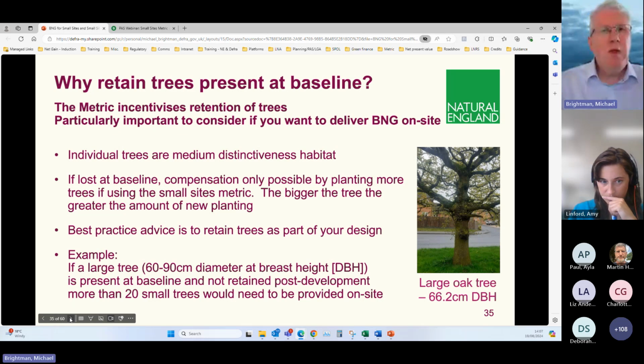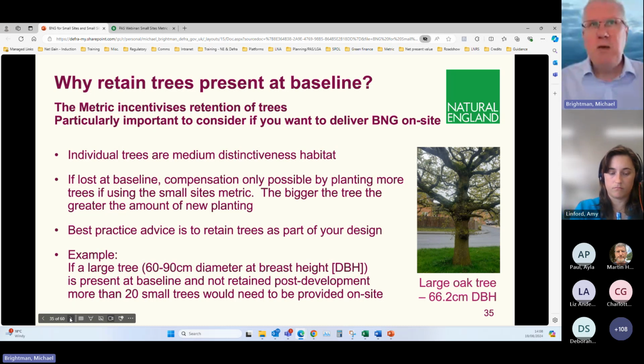Individual trees within the metric are a medium distinctness habitat, and therefore if lost at baseline, following the trading rules, where compensation for medium distinctness habitat has to be the same broad habitat type, compensation is only possible where there's a loss of trees by planting more trees, where you're using the small sites metric. And the bigger the tree, the greater amount of new planting. So therefore, again, reiterating this best practice advice of retaining trees as part of the design.